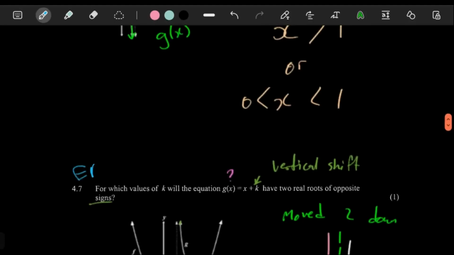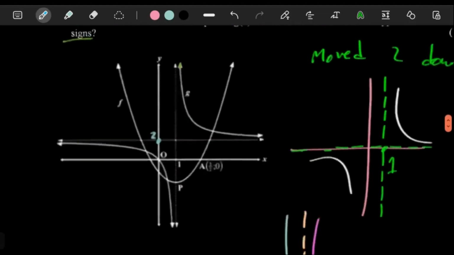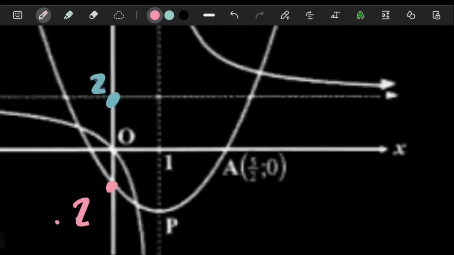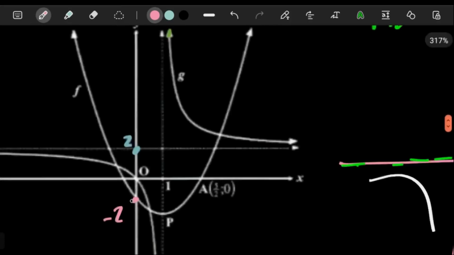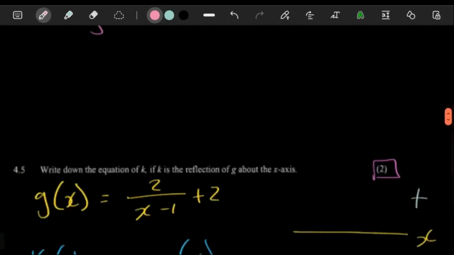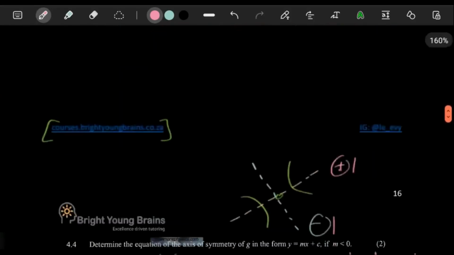If they had been talking about F, that would make sense, because my suspicion is that this x-intercept here is probably negative 2. Let's see here.